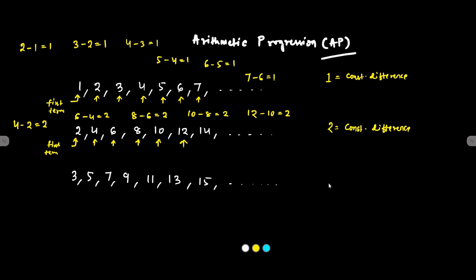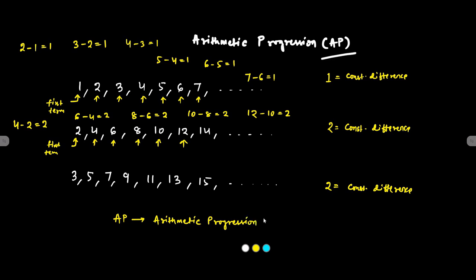So here also there is a constant difference. So we say that all of these three sequences of numbers are in AP, or it is called arithmetic progression.